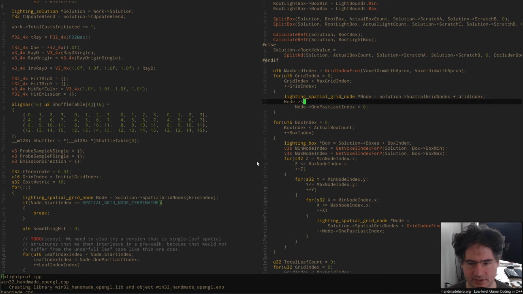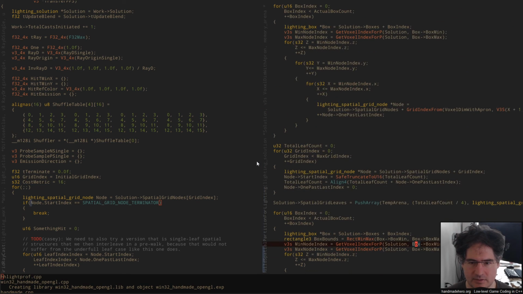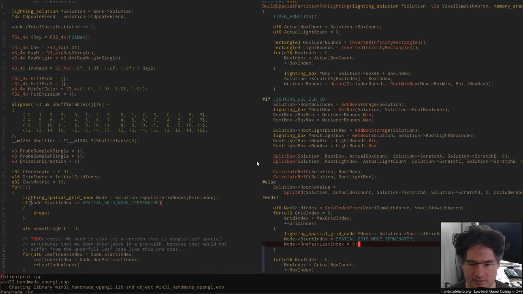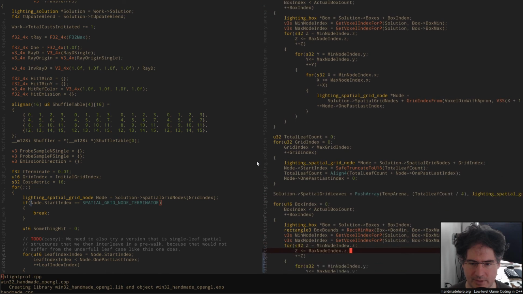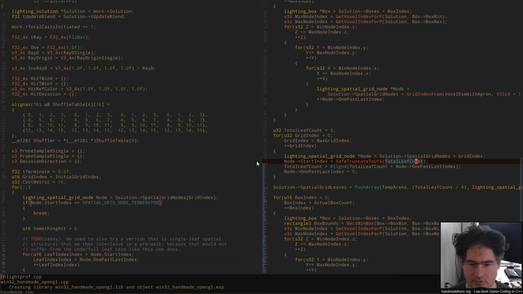Right, you could just do this. And then the start indexes of all of those are all spatial grid terminators all around. Then these, as we go through here, get set up properly as long as they weren't set to that.